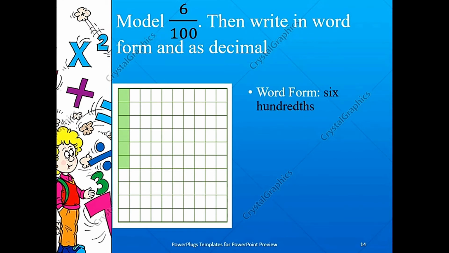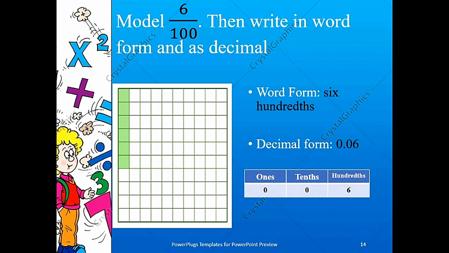It will be spelled out like this, 6 hundredths. In decimal, it's 0.06. In the decimal place value chart, ones 0, decimal point, tenths 0, hundredths place 6.